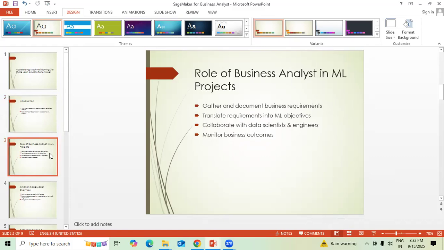Now, when you try to understand the role of a business analyst in machine learning projects, now and then many business process projects are transforming or imparting some artificial intelligence and ML process so that they can streamline and automate the business activities or the processes, decisions, etc.